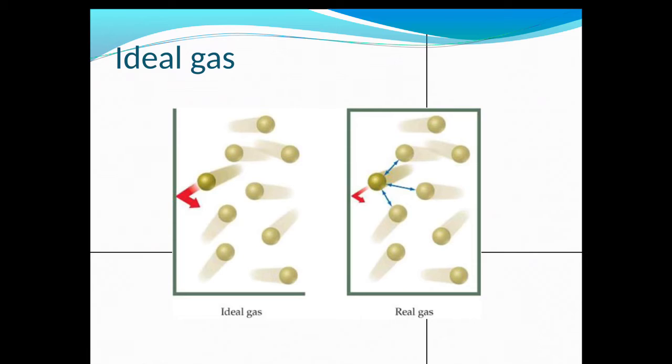ideal gas. And really this word's kind of weird because you guys haven't gotten to that section, but think of an ideal gas as a gas that always stays a gas. In real life, on the picture on the right, what you see is that when you drop the temperature of a gas or you start to compress it, put it into a smaller space, those atoms get closer together, those molecules get closer together, they start to attract, and then they become liquid.